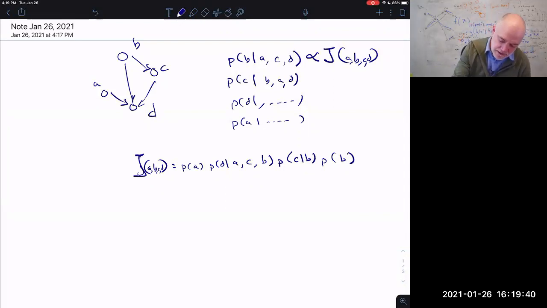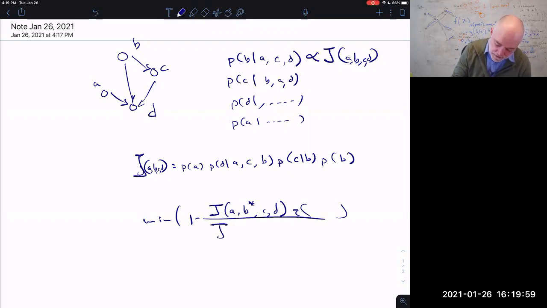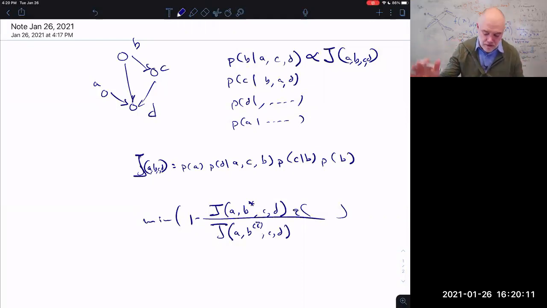So if we write down the joint distribution in the acceptance ratio, min 1 of J(A, B star, C, D) times Q, over J(A, B tau, C, D) times Q, assuming that all of the others are fixed to their existing values, right?